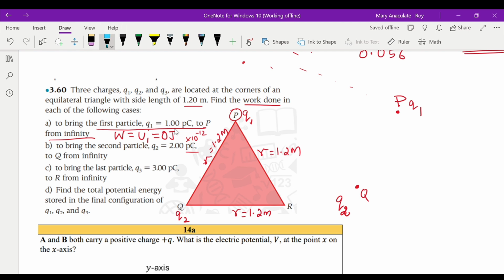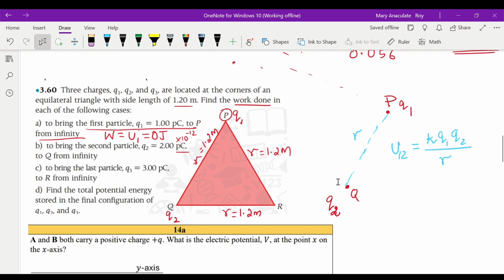So how do we calculate the work done? As before, you need to have the distance R, and if you take the energy as U2 or U12, whichever is convenient for you, the energy U12 will be equal to K Q1 Q2 over R. So you can substitute the values.